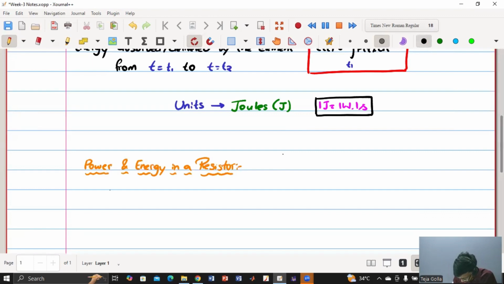Let us consider the resistor. Polarity is say V, the current is I, the resistor value is R.